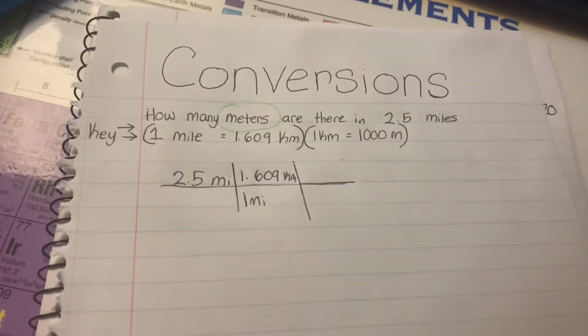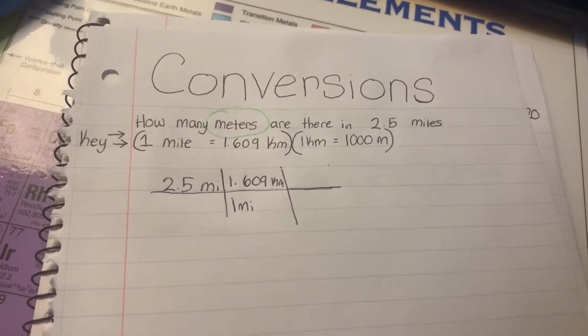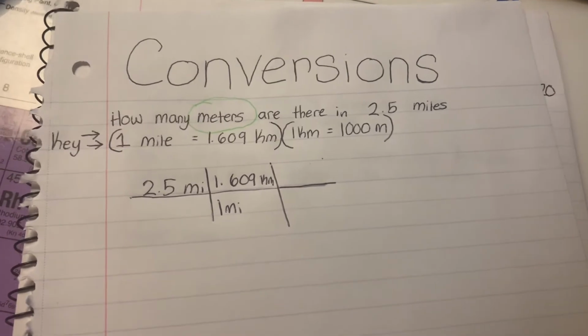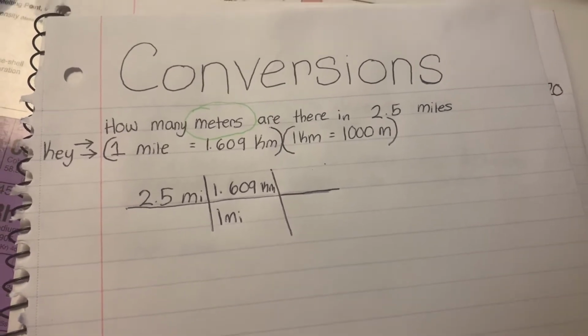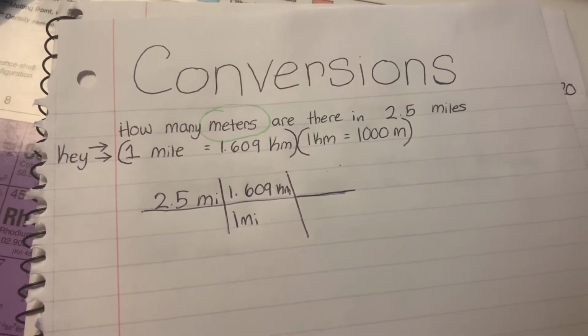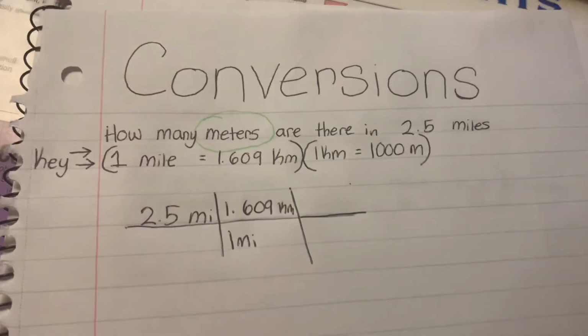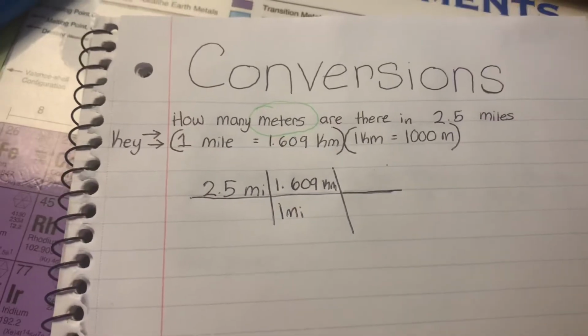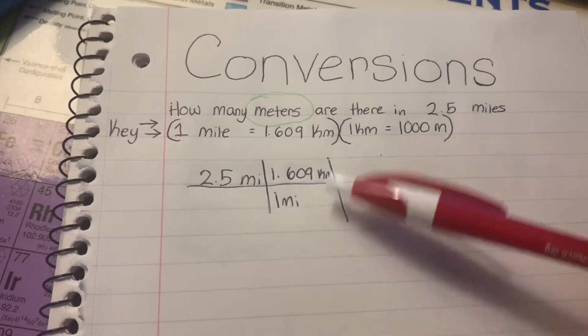Here is the second measurement I have put in. So if you are familiar with basic math, you will know a concept called cross canceling, okay? And that is exactly what we're doing here. What do you notice about right here? Anything in particular?